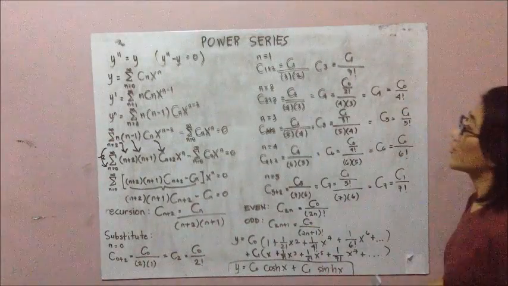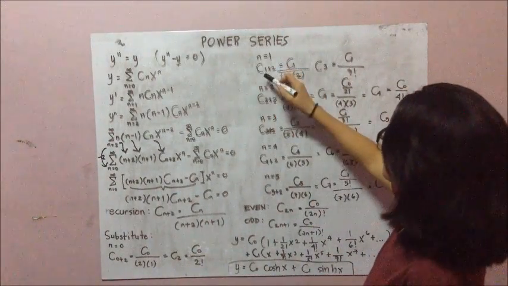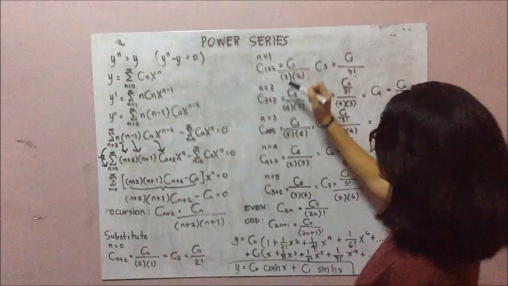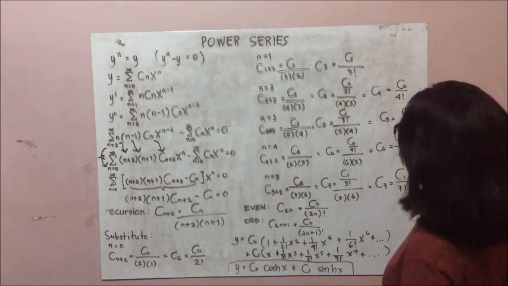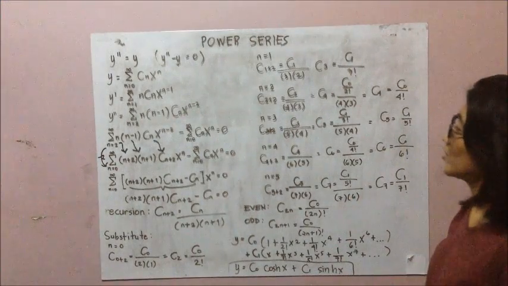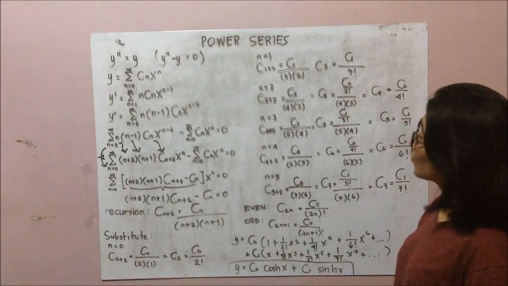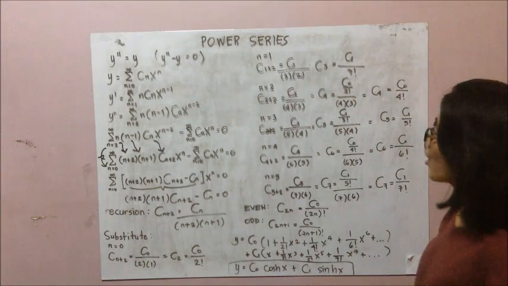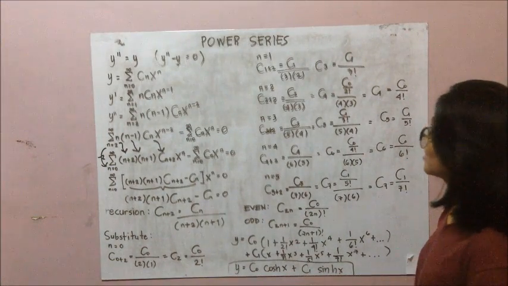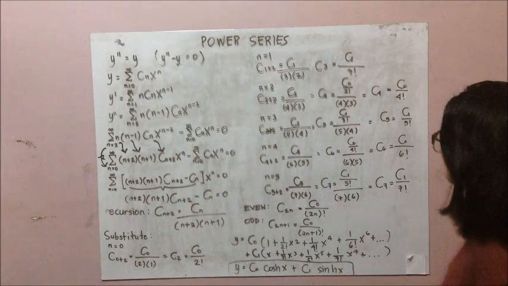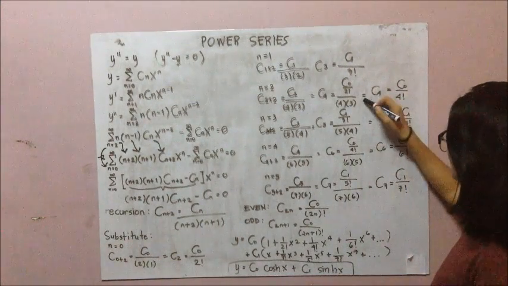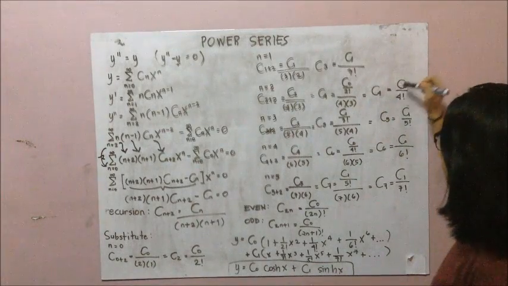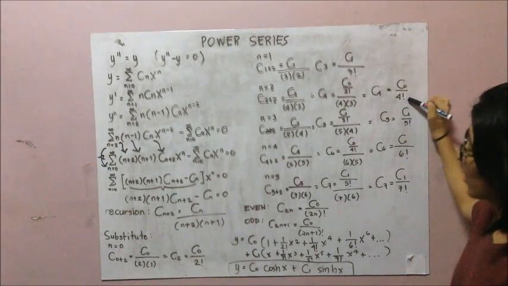Here we have n equals 1, so c_(1+2) equals c_1 over 3 times 2, so c_3 equals c_1 over 3 factorial. Now n equals 2, so c_(2+2) equals c_2 over 4 times 3, so c_4 equals c_0 over 2 factorial over 4 times 3, which is c_4 equals c_0 over 4 factorial.